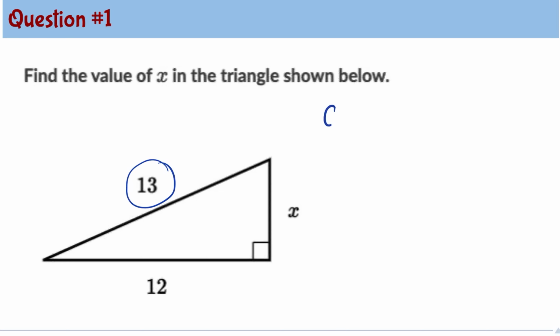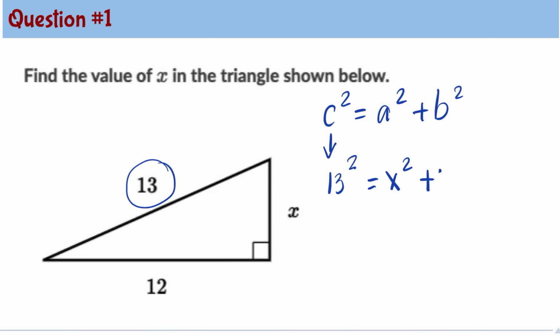So using the formula C squared equals A squared plus B squared, we can plug in the C value, and the C value is 13 squared. Now, for the A and B, it doesn't matter which one. So I can put x squared plus 12 squared, or if you want, you could do 12 squared plus x squared.